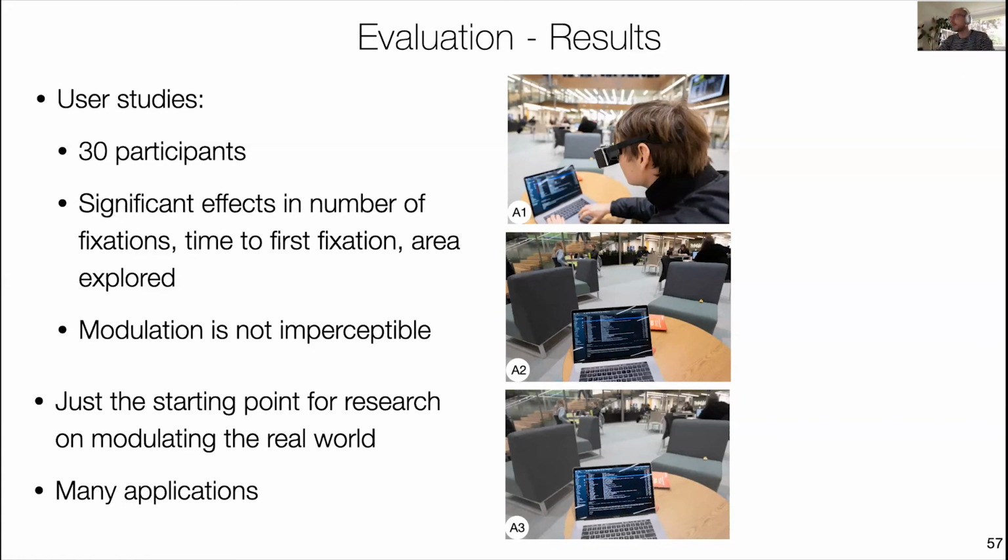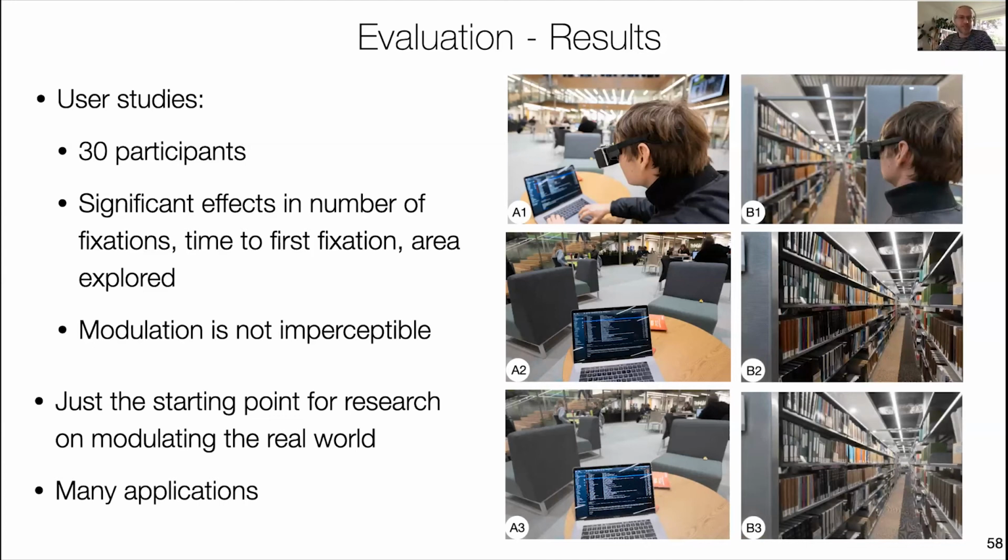Okay. And the other application is, of course, widely described. This is for example for search tasks. This is still relatively subtle, and I'm not sure if you can see the difference.